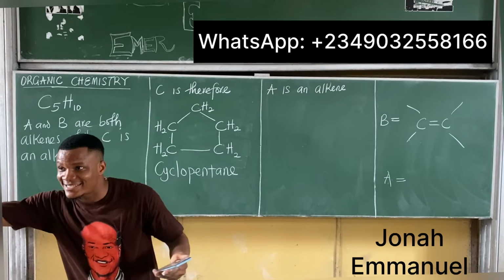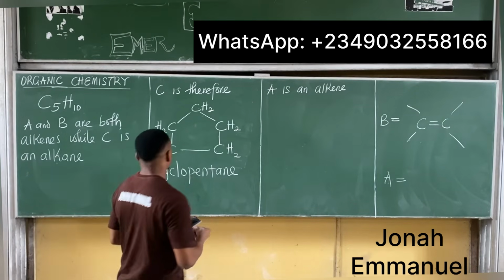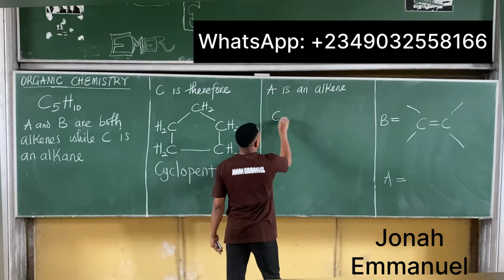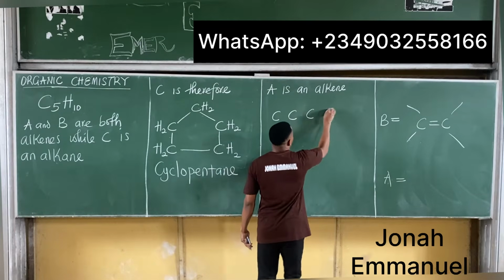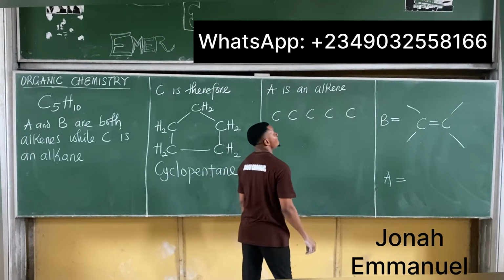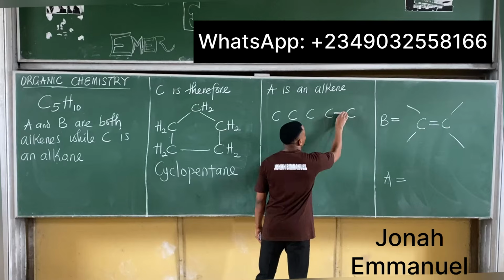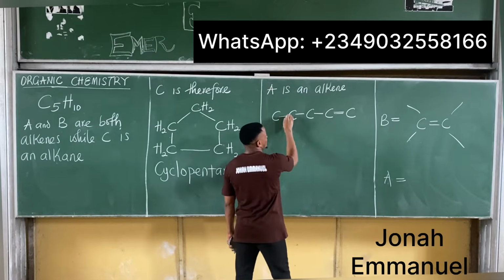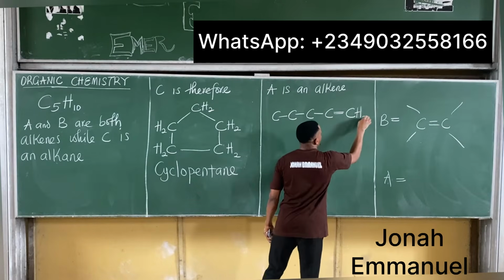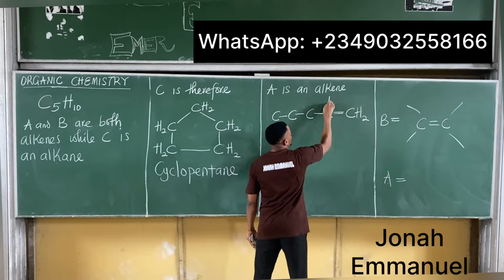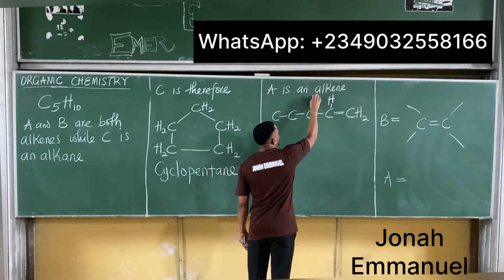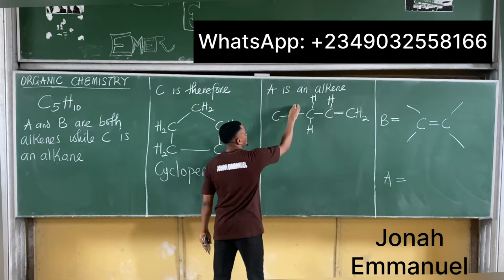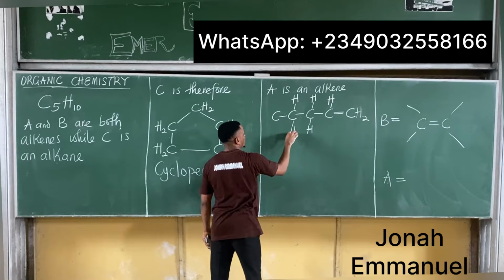This is a straight alkene. So I'm having C5, so it becomes 1, 2, 3, 4, 5. Make this an alkene, a double bond.